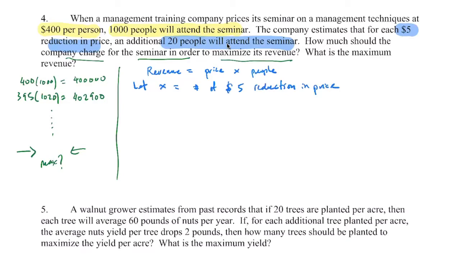If x is 1, that means we reduce by $5. If x is 2, we reduce by $10. If x is 3, we reduce by $15. So the variable x changes based on how many times we reduce the price.